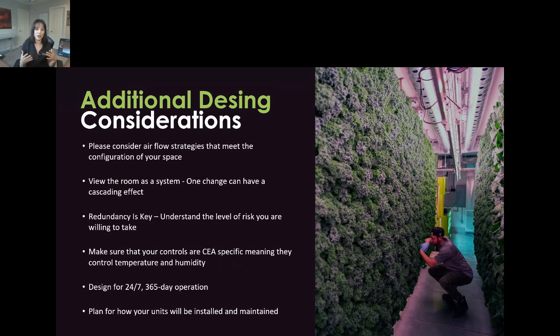So if you've got multi-tier racks with tight spacing, really consider your airflow strategies. How are you getting all of that process air that is being input by your system to your plant, and then how is all of that air getting pushed back to the returns so that you have a homogeneous room environment?